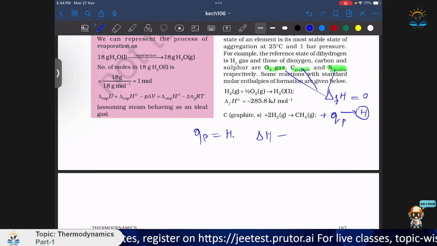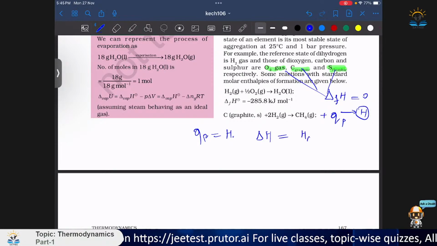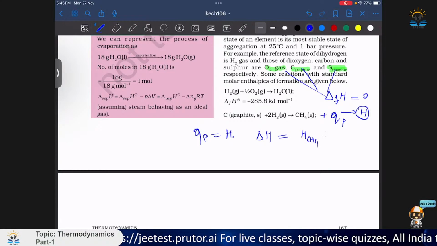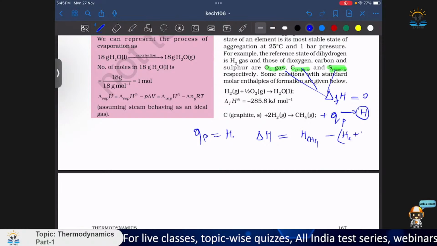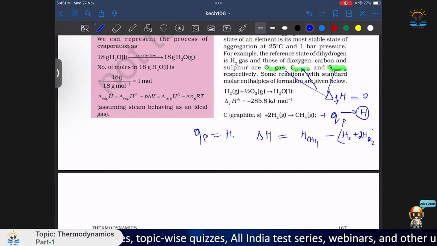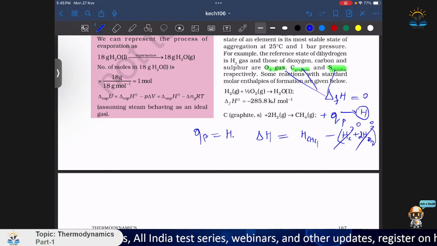Some heat you have measured, which should be equal to the enthalpy of CH4 minus the enthalpy of graphite and 2 times the enthalpy of hydrogen. And we know that carbon graphite and hydrogen gas are reference states, so they will be 0.